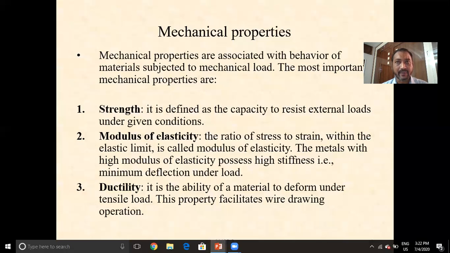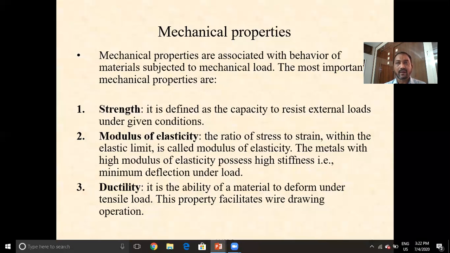Whenever a body is loaded within the elastic limit, some kind of stresses and strains are produced. The ratio of the stress to strain is called the modulus of velocity or Young's modulus, and it will play a vital role in selecting materials for different applications.